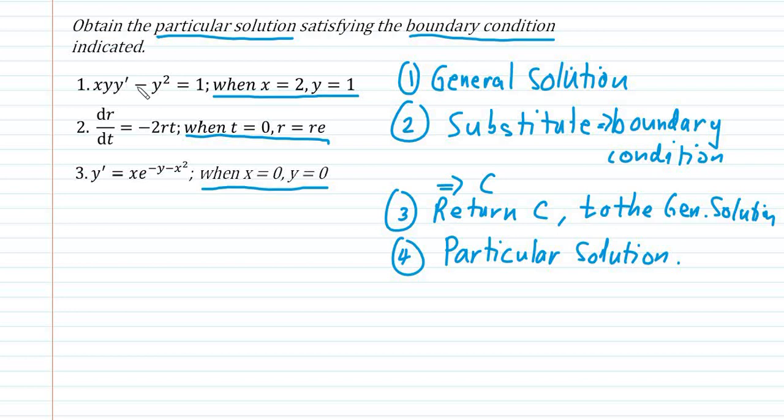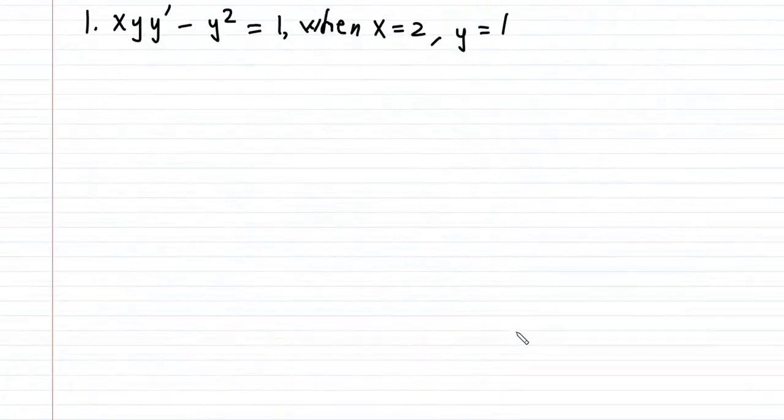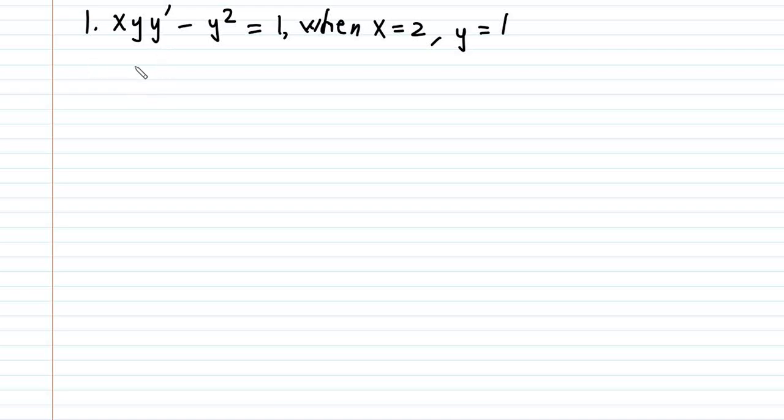So in the first problem, I will just select our first problem. Let's go ahead and write it here. Our first problem is x y prime minus y squared is equal to 1, and the condition is that when x is equal to 2, y is equal to 1. This is a derivative of y with respect to x.